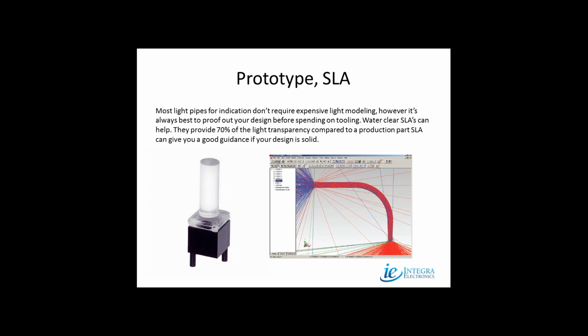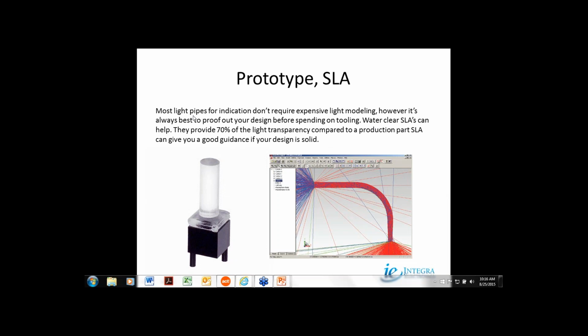My only comment would be, like Mark said, an SLA is typically fairly cheap compared to a lot of light modeling. So if your design is reasonably simple, then modeling is probably not the best way to go. You can probably make just as much progress, quicker and for less money, by doing prototypes.